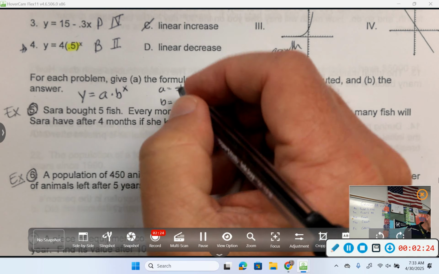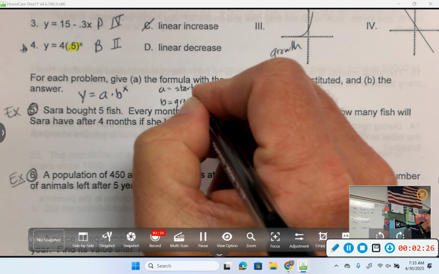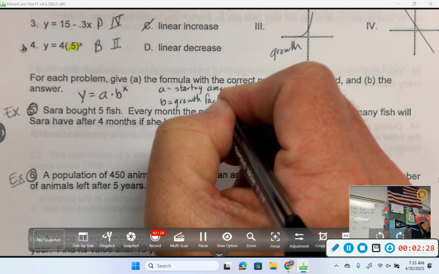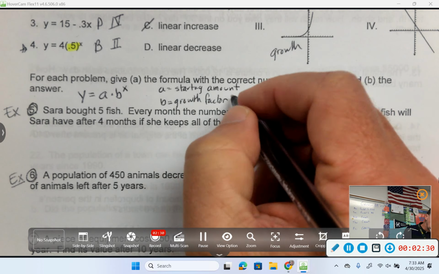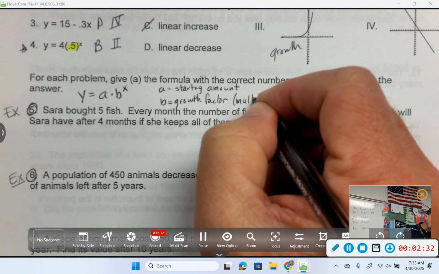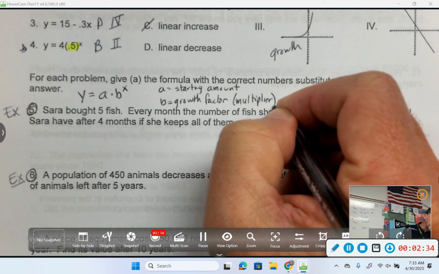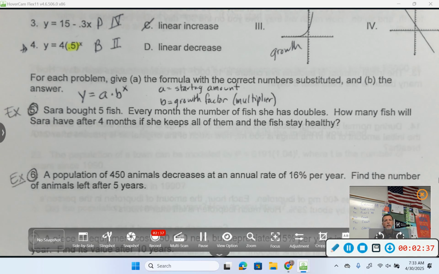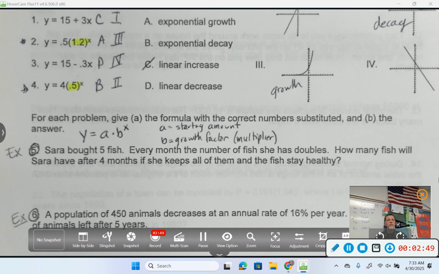B, you could label a couple different things. The growth factor, or you could just call it the multiplier. What are we multiplying by each time? And so the B will determine whether we're growing or decaying. So what types of values would make us grow? What types of values of B, especially if you look at those previous 2 examples? 2 would make us grow. 3, 4, 5.